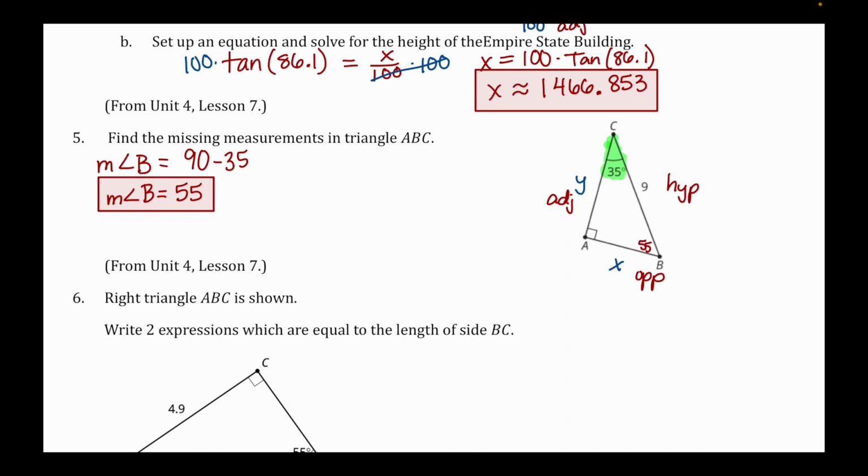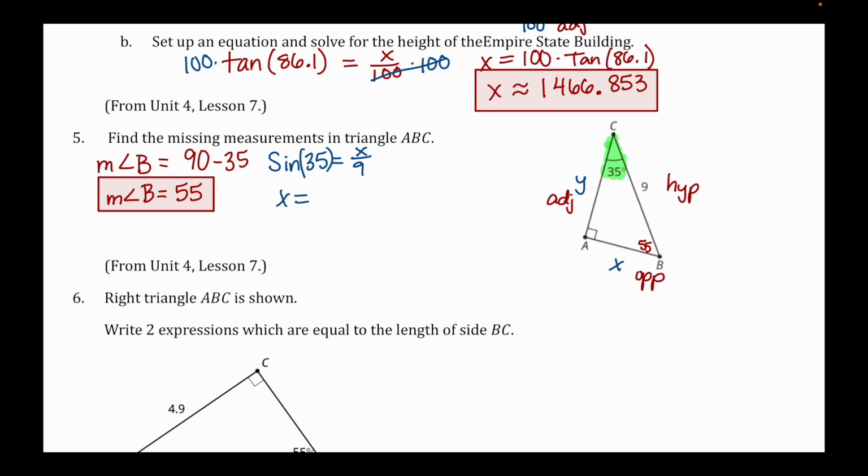So if we have opposite and the hypotenuse, that's where we're going to start first. I can't use these two together. It doesn't work that way. I need to use 9 and X. So we're going to say that sine, because that is opposite over hypotenuse, so sine of 35 is X over 9.